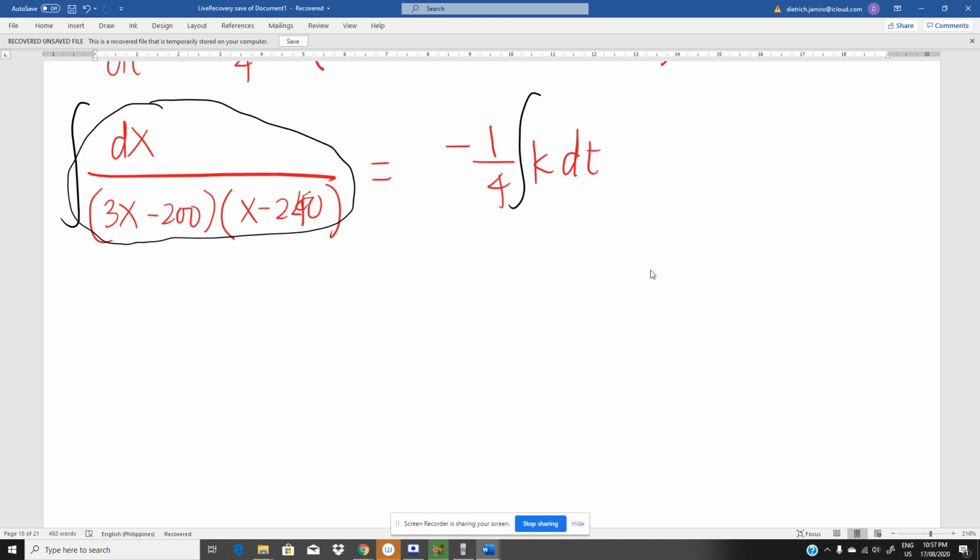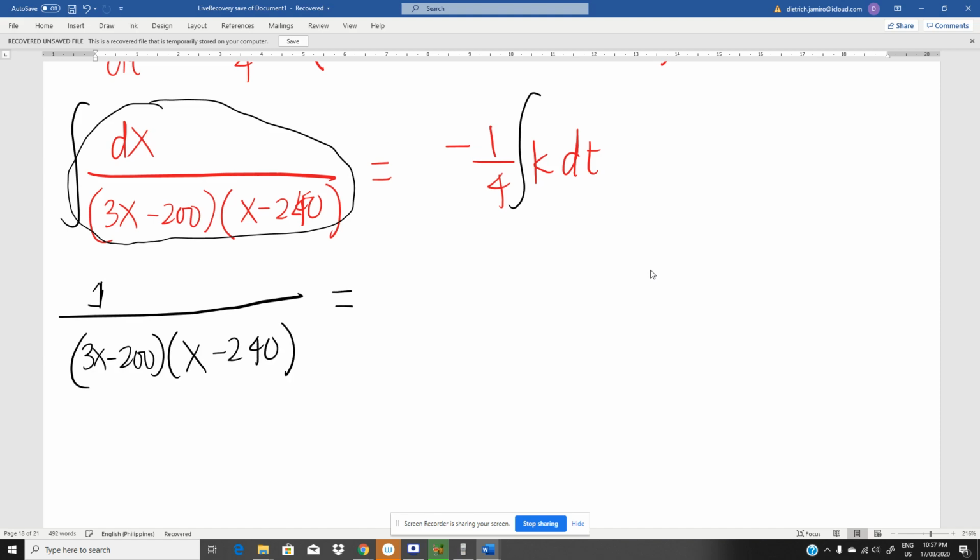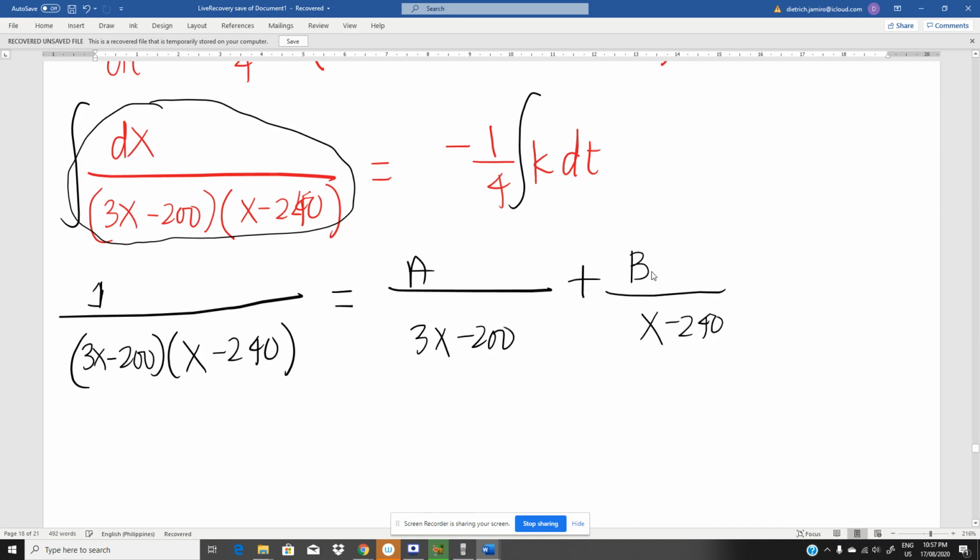So we will have 1 all over (3x minus 200)(x minus 240) is equal to A all over (3x minus 200) plus B all over (x minus 240).